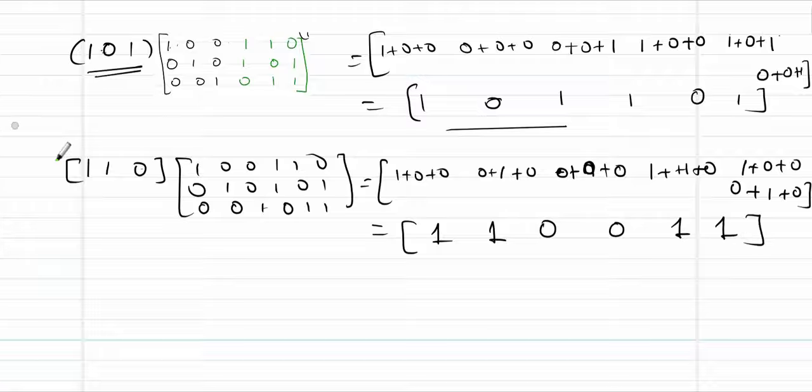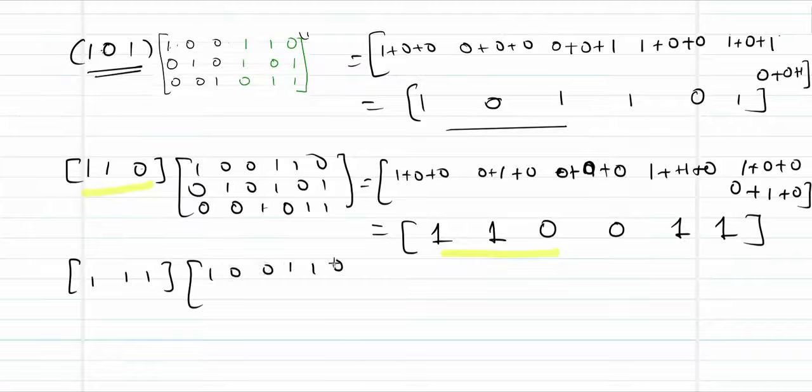So again we notice the first 3 bits are the same, and the last 3 bits are going to be the generated ones. The last word, 1, 1, 1, is to be encoded with the matrix 0, 1, 0, 1, 0, 1, 0, 0, 1, 0, 1, 1.